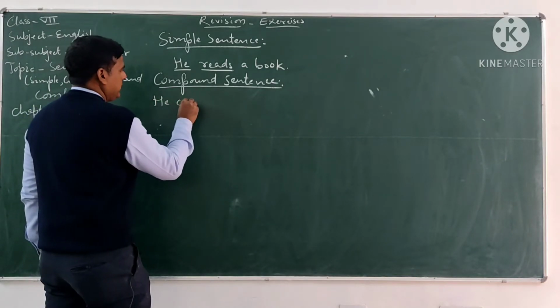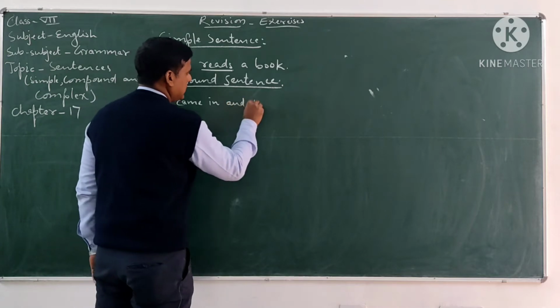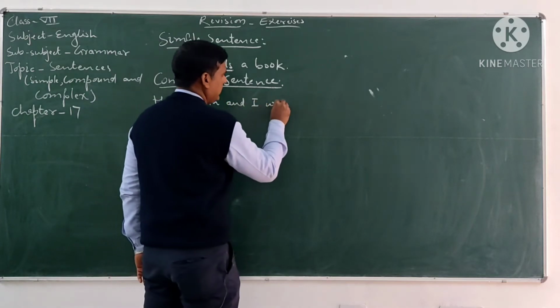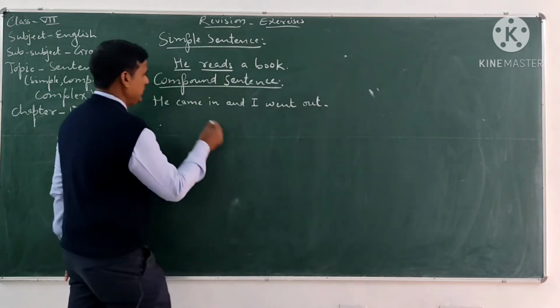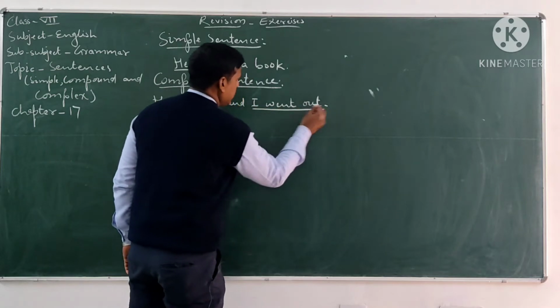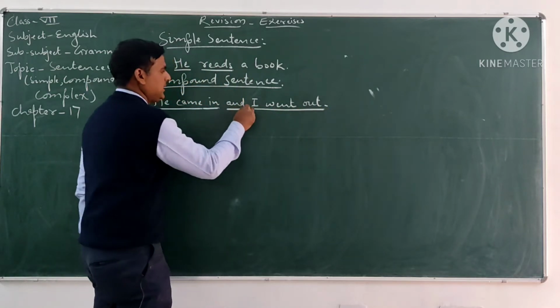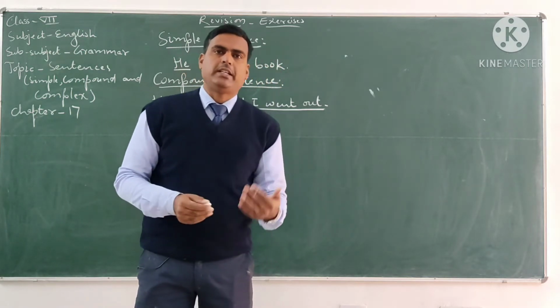he came in and I went out. So this is one clause and this is another clause. This is the conjunction, that is coordinating conjunction. In compound sentences we use the coordinating conjunctions.